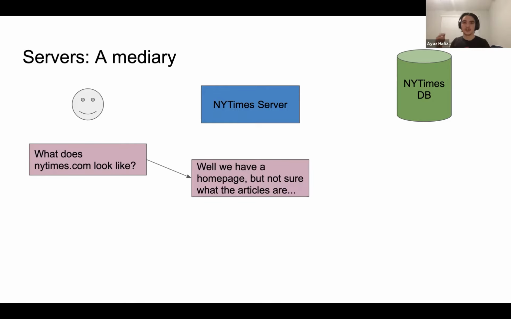The New York Times server says, well, okay, we have some UI or UX engineers that have built us this really nice looking web page. But the problem is that this is what the web page should look like between different visits, but we're not quite sure what the articles that we should put in there are yet.